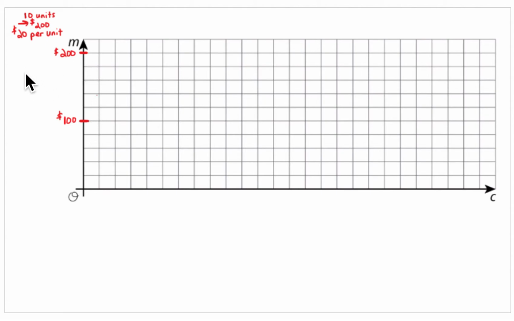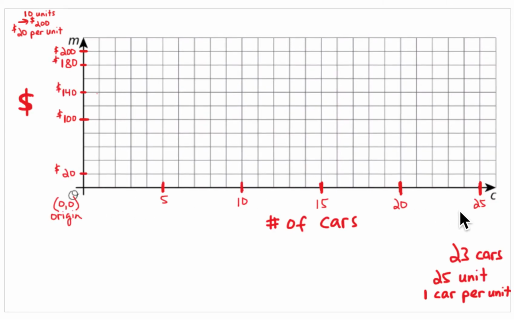So this is the amount of money made. And these are the number of cars along this axis. So if you count out this way, you're going to get out to 25 out here. So you can make each one of these marks just one car. This is 5, 10, 15, 20, 25. And so remember, you have to put the label along each axis. So this is the number of cars.